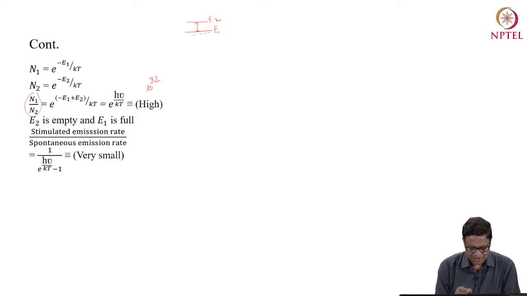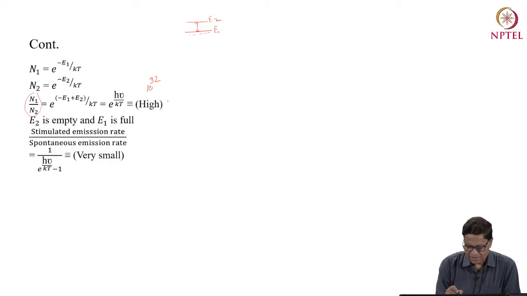So we have already earlier seen that e raised to power h nu by kT is very, very high. So 1 divided by some big quantity gives you very, very small. So what basically it means is that stimulated emission rate is actually not happening practically, right? Because this ratio is very small. So under normal conditions, there is no stimulated emission happening.